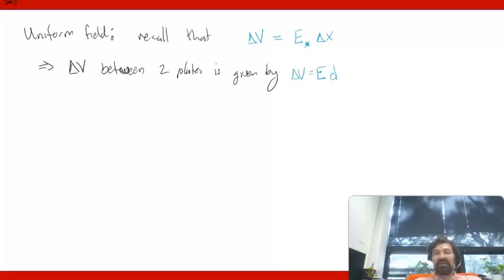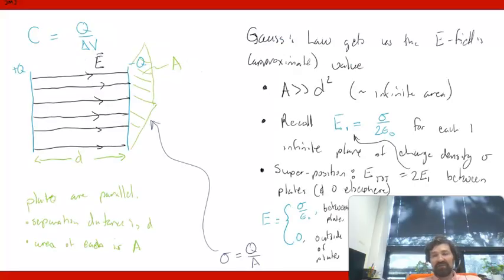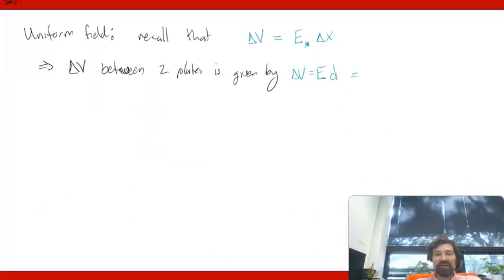So we can use our result for the E field strength, sigma over epsilon naught, times distance, or in other words, Q times d over epsilon naught times A.